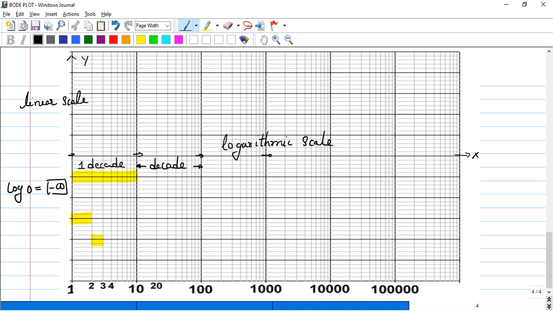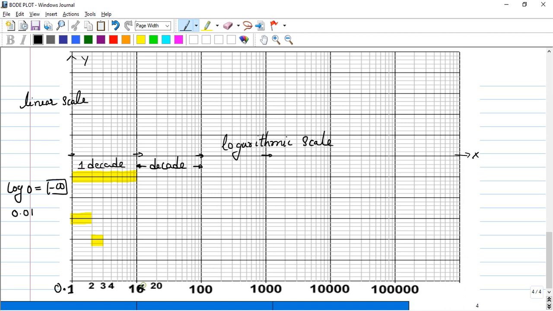So we can start with the smallest value as 0.01, or usually in our problem solving we represent from 0.1 and then 1.